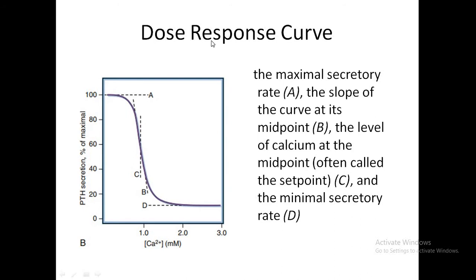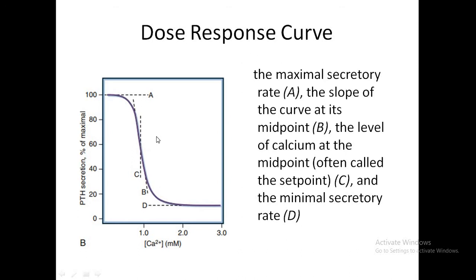The dose response curve of PTH is as follows with response to the ionized calcium. A represents the maximum secretory rate, and B is the midpoint of the slope of the curve, and C is called the set point.